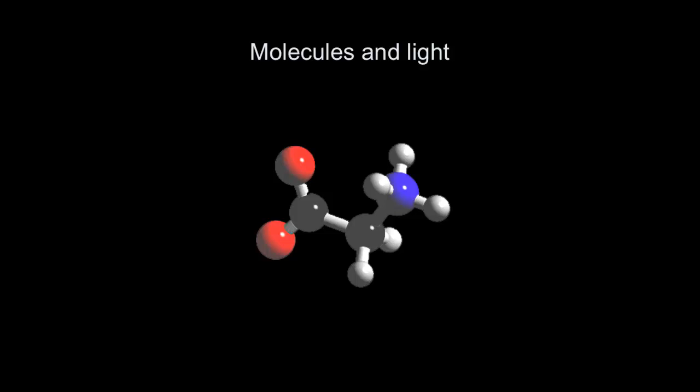This molecule has nuclei, and it has, of course, electron clouds around it. These electrons are very mobile, and the electric field that comes in can shake these electrons around. Okay? So what the light does is just changing the position of the electrons in this molecule. This is most relevant to those electrons that are in the outer shells, or the so-called valence electrons in the molecule. They will be shaken by the incoming electric field.